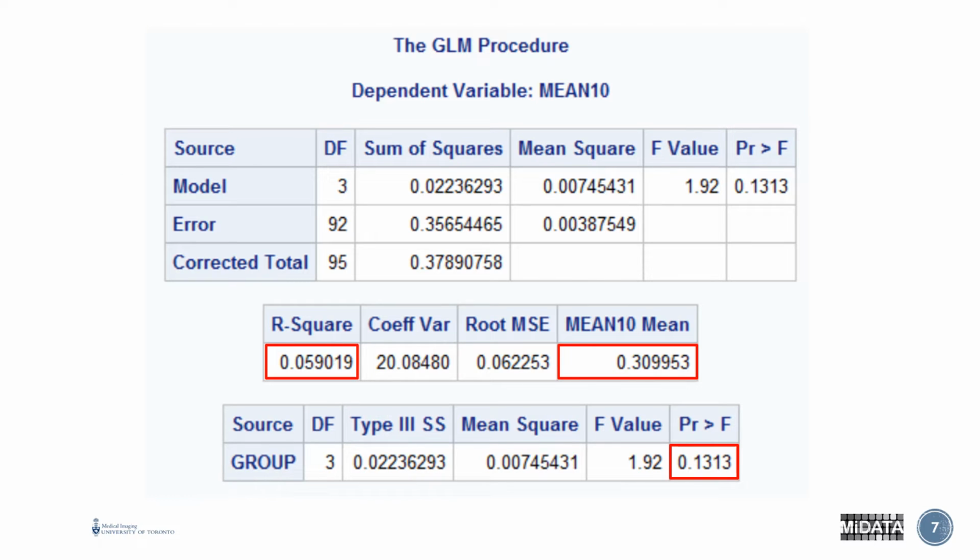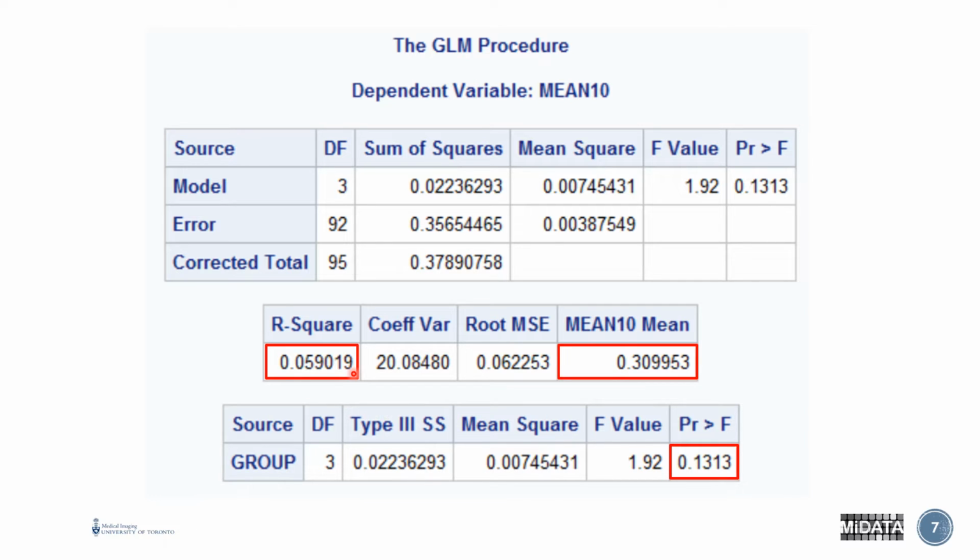Okay, here's our output. All of this is going to start to look a little familiar to you just because we've been analyzing the same data set quite a few times now. But if you look at your R square, once again, remember the R square represents the percentage or the amount of variability in your dependent variable that is accounted for by your model. In this case, it's about 6%, so 5.9%, which is very low.